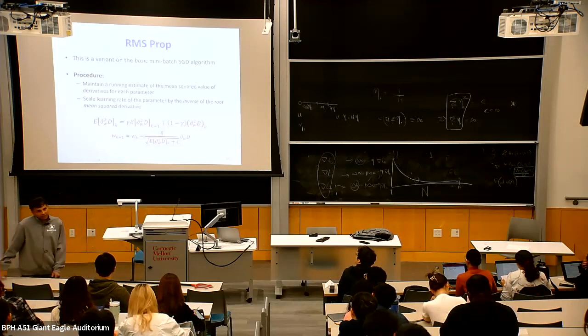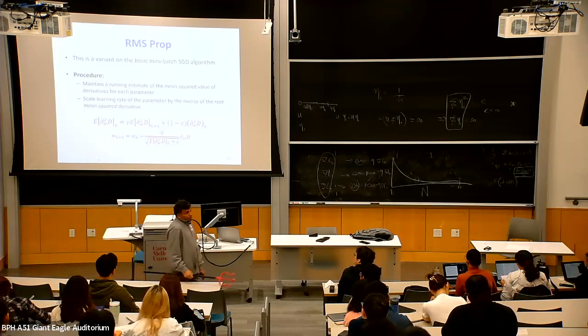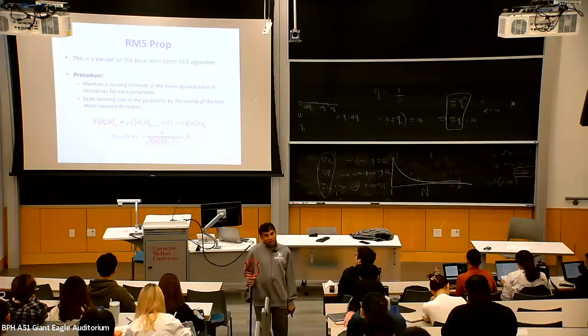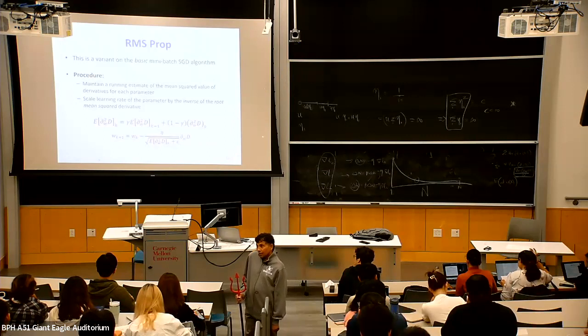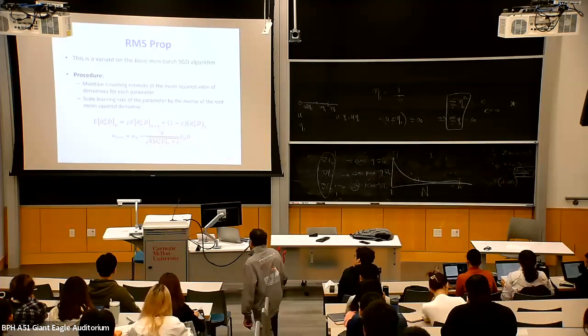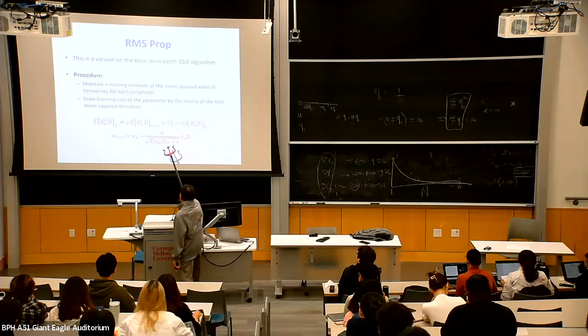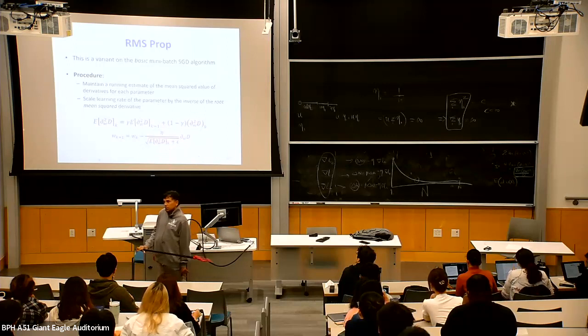Not the gradient, but the derivative, right? And so that's my mean squared value. If gamma lies between 0 and 1, this is going to be my mean squared value for the derivative. And I will have an initial learning rate, whatever it may be, but I'm going to divide it by the square root of the mean squared value.